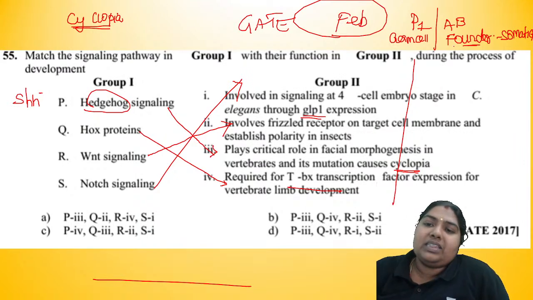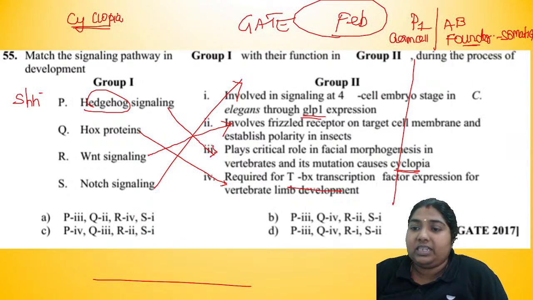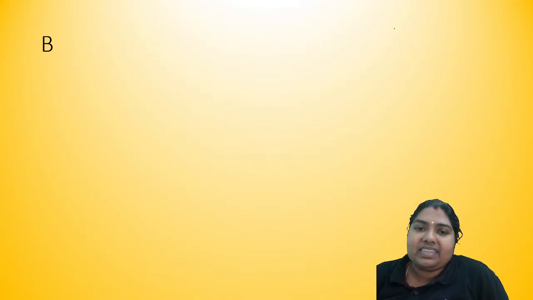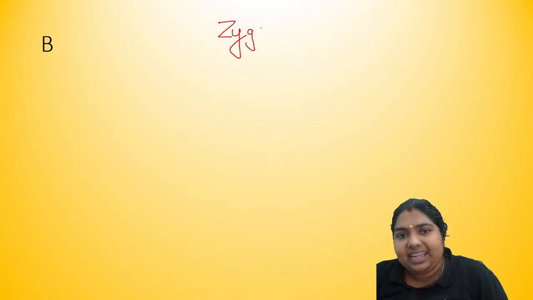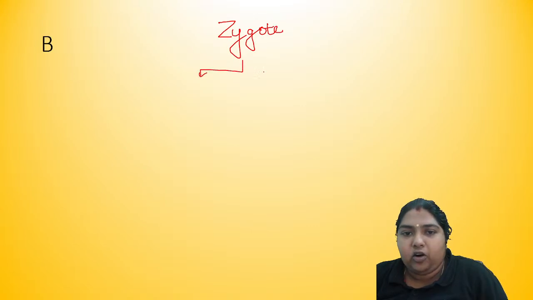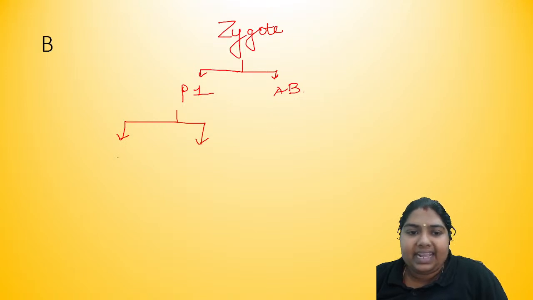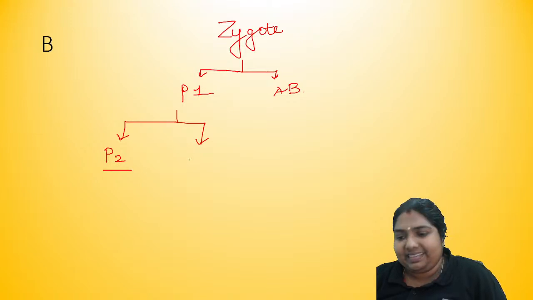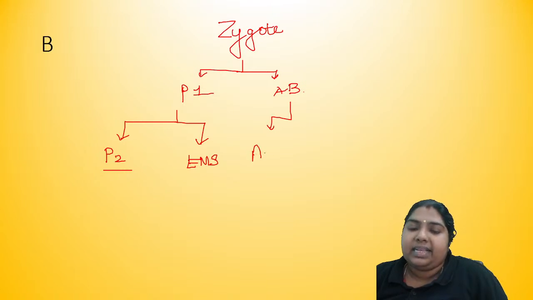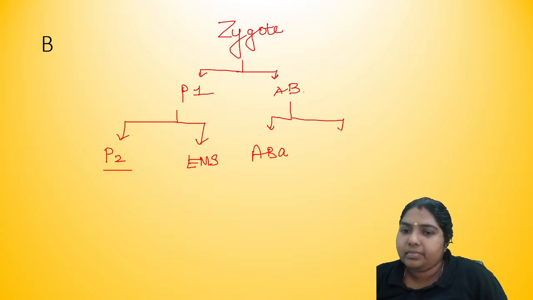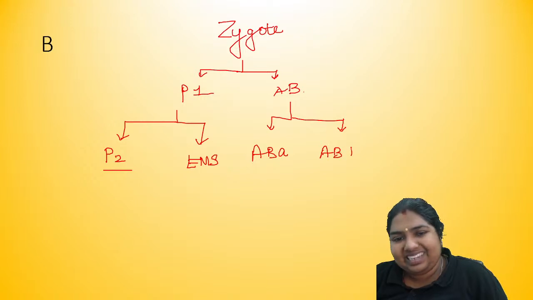Okay, so this P1 is going to divide. First there is a zygote, then the zygote will divide to form P1 and AB. This P1 will divide again to form one founder cell and one stem cell. This one will divide to form AB anterior, AB posterior.